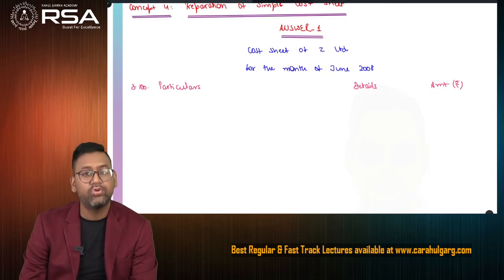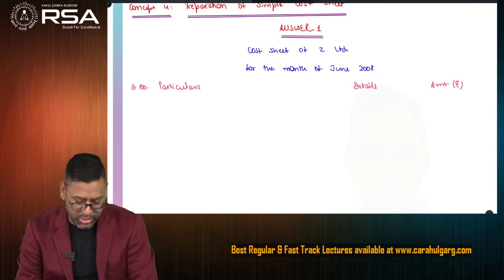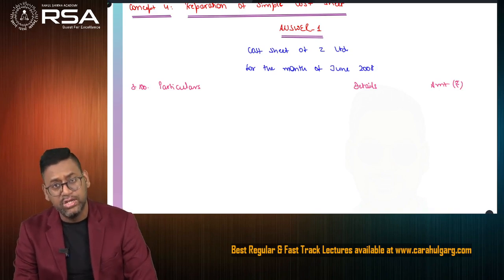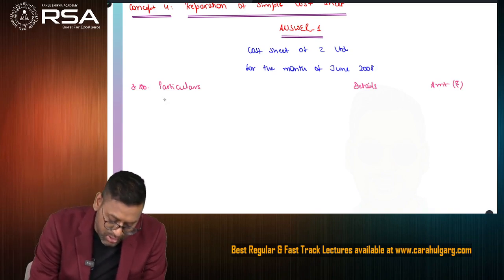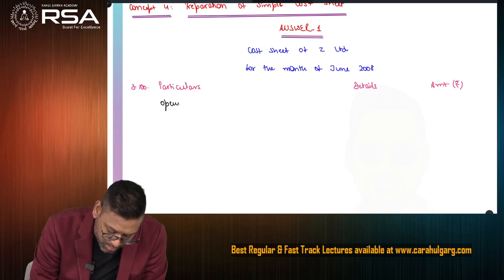First of all, we shall go to the opening stock of raw material. In the cost sheet, the first item is material consumed. And for that material consumed, the question has given us the details of opening stock, closing stock, and purchases. So we write down like this.